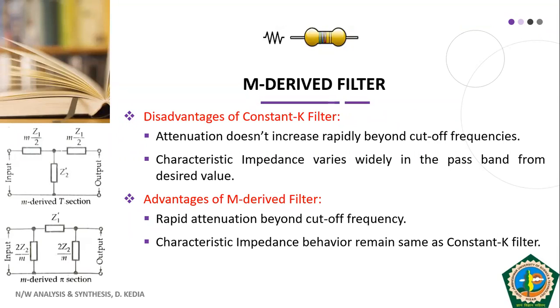Rapid attenuation is very important. We must have sharp cutoff characteristics, so that only the desirable frequencies are passed through the given filter. However, in case of M-derived filter, the characteristic impedance behavior remains the same. Only in terms of attenuation we get the desired characteristics.